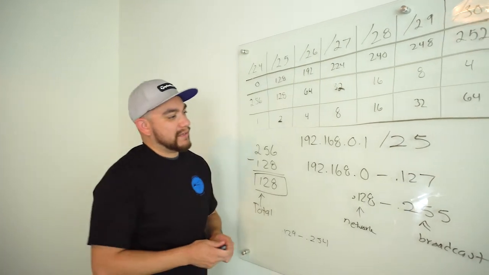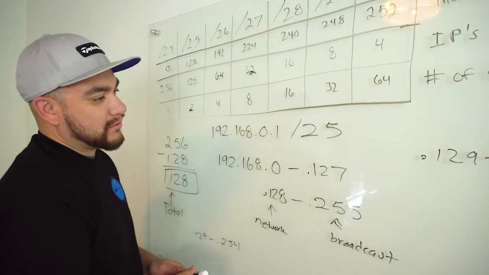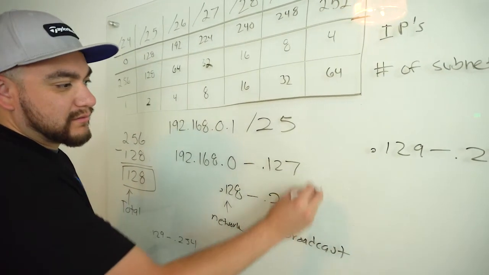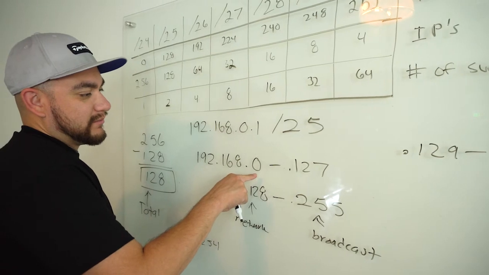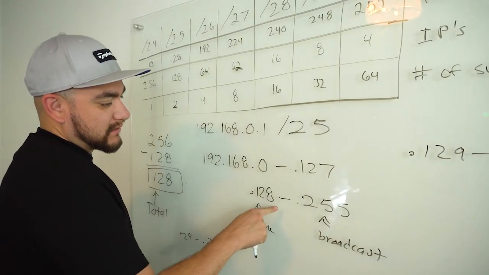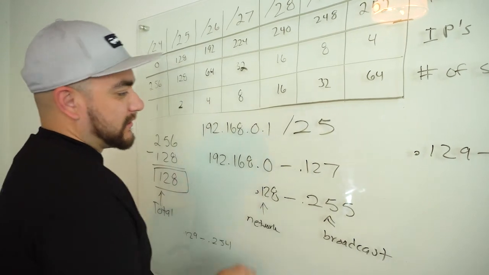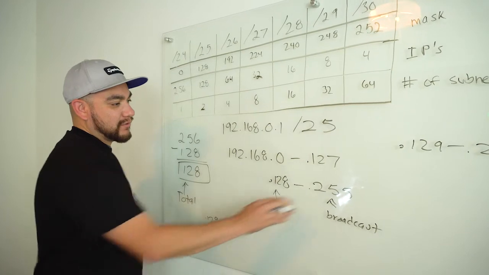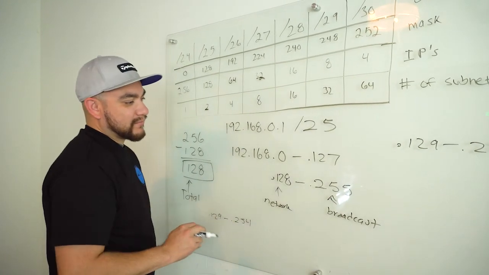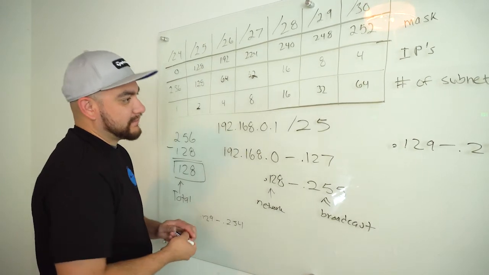So we were able to go within /25, have two different particular subnets from the network, from .1 to .126 and .129 to .254. These are all within the same network, but we further broke this down. So any IP address within here and here, they will talk to each other.